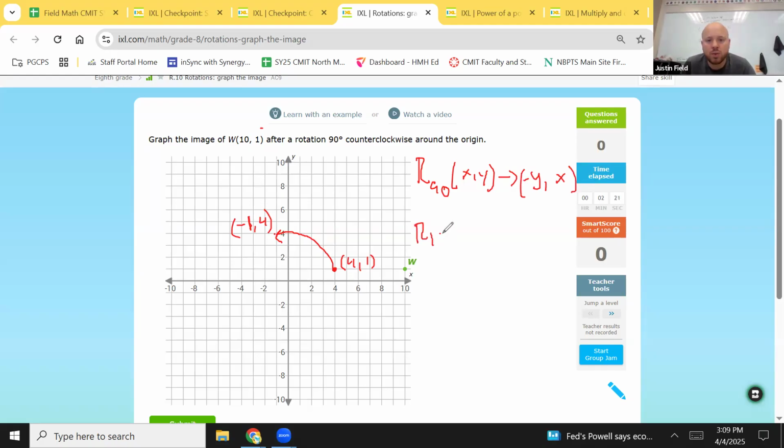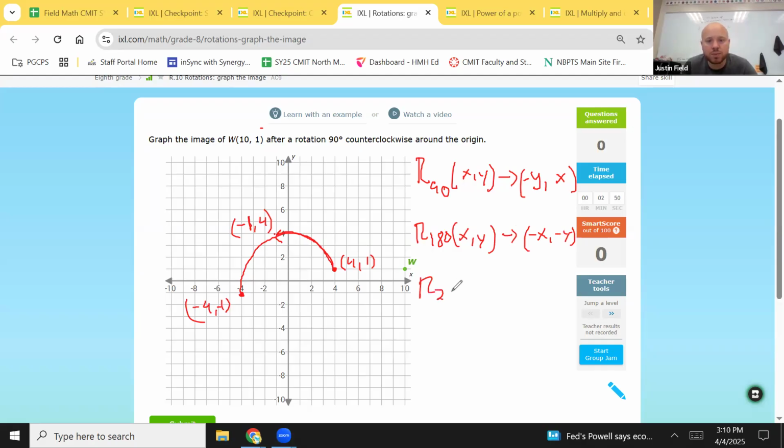Okay? 180, if you go a half circle, you end up right there. That's 180. And what happens there? Let's visualize that. It's negative 4, negative 1. So the rule there is negative x, negative y. They don't switch spots, but they both change sign.